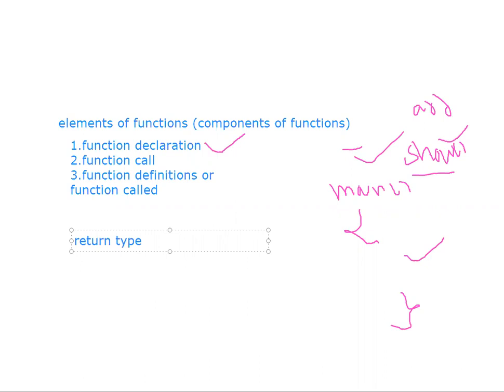If it does not return a value, we use the return type void. Next is the function name, which is the identification of the function, like add or show. Then the parameter list. This is the function declaration syntax.